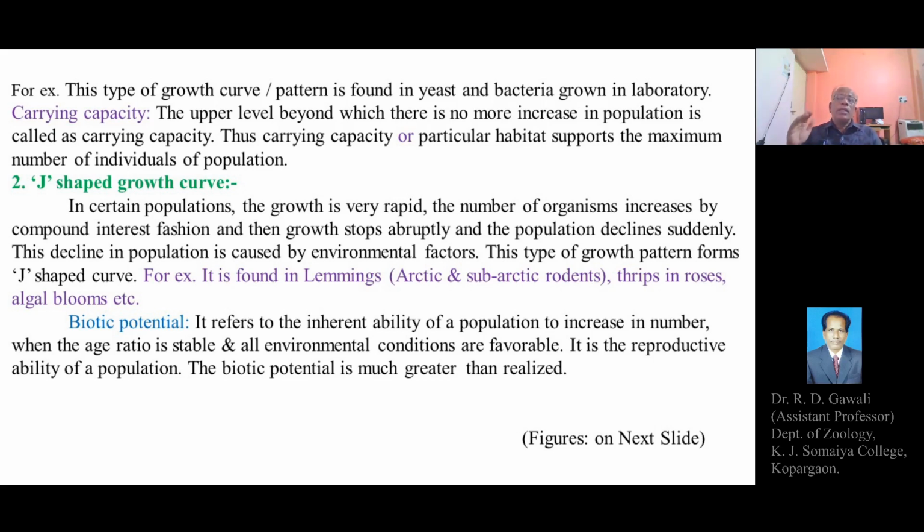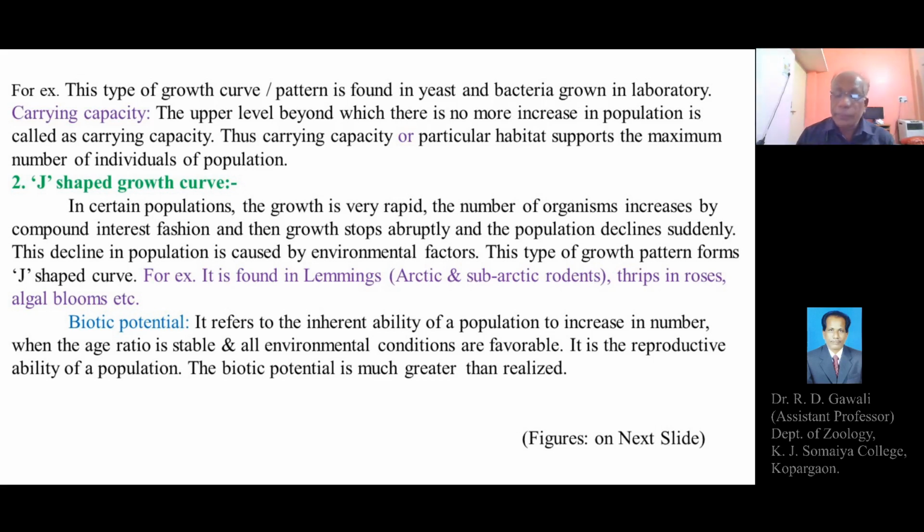Realized means whatever the actual number of individuals increased in a population, that is the realized potential, but the biotic potential is much greater than the actual rate or the actual number of organisms produced.